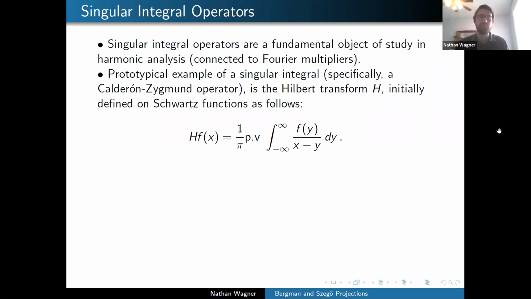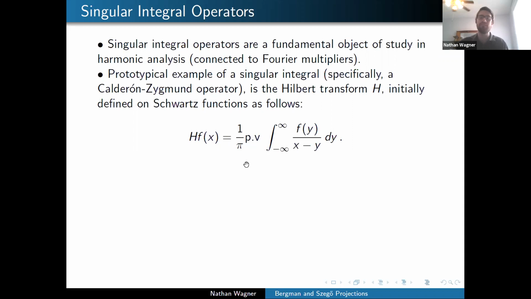And for those of you who are not super familiar with singular integrals, the prototypical example of a singular integral, and specifically what we would call a Calderón-Zygmund operator, is the Hilbert transform, and it's defined this way: you integrate the function against 1 over x minus y, and there's a 1 over pi factor in front.